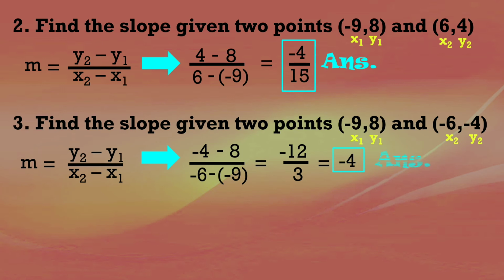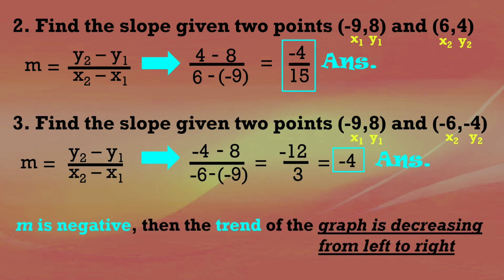So, ang slope natin for number 3 ay negative 4. So, dahil negative ang ating slope, so ang trend ng graph ay decreasing from left to right. Yan. So, kahit wala tayong graph, alam nyo na kaagad na kapag negative siya, siya ay decreasing.